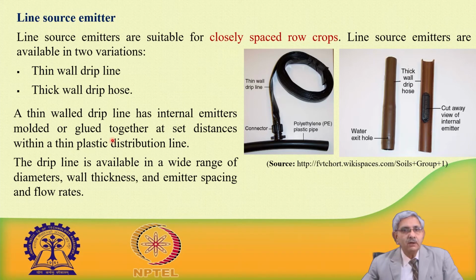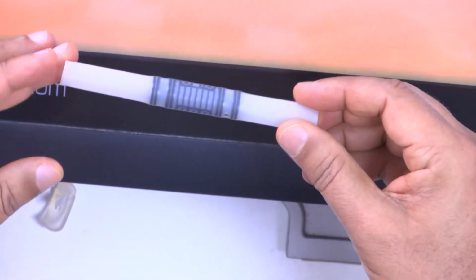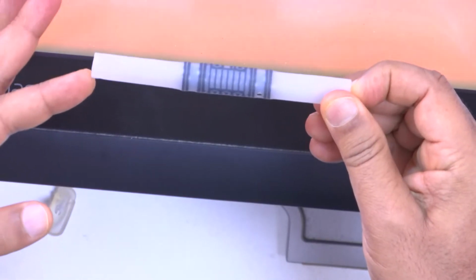Thin wall drip pipeline has internal emitters molded or glued together at set distances within the thin plastic lateral pipeline or distribution line. The drip line is available in a wide range of diameters, wall thicknesses, emitter spacings, as well as flow rates. So, a typical inline type of dripper: this is a transparent pipeline.